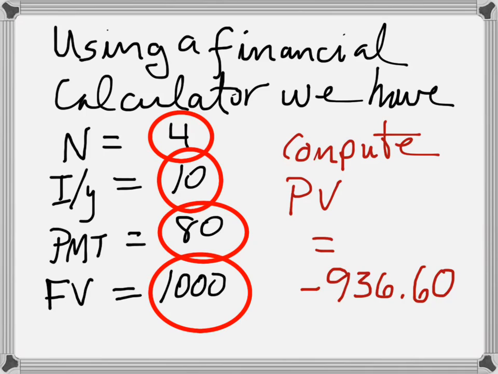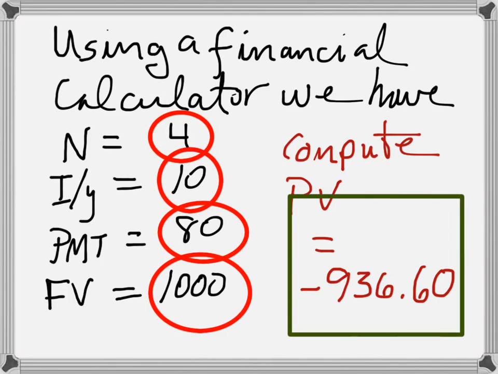Now, this is very easy. I know exactly where to place these things because I've set up my timeline to show the cash flows. I know I've got a payment stream of 80. I see that on the timeline. Future value of 1,000. And then what we will do is we will simply compute present value, and you should get a negative 936.60. Why the negative? Because a financial calculator, same as a spreadsheet actually, keeps track of the direction of your cash flows.